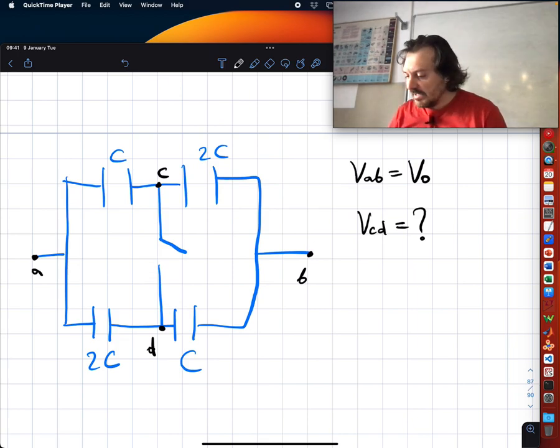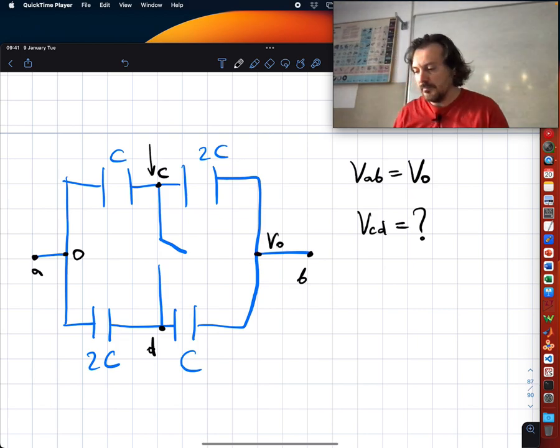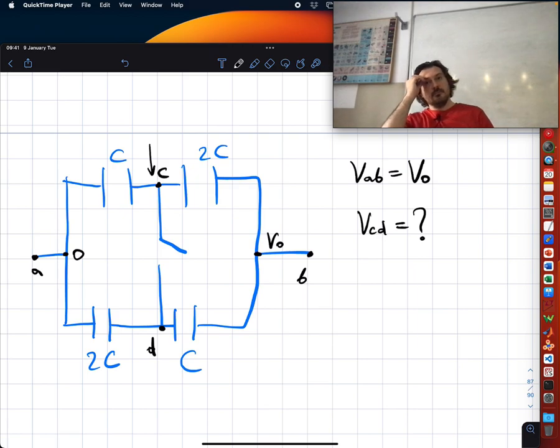So let me just call this part, this is one way of doing it. If this is 0 and this is V0, what is the voltage here? Do you understand the question?